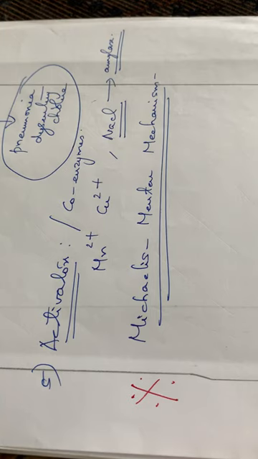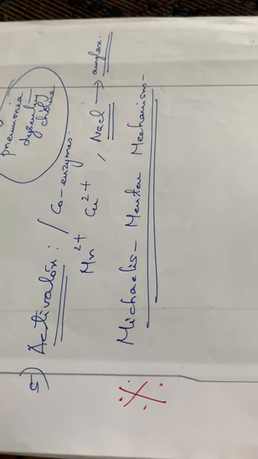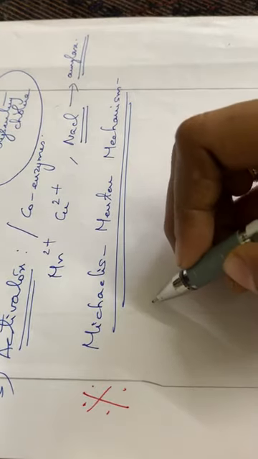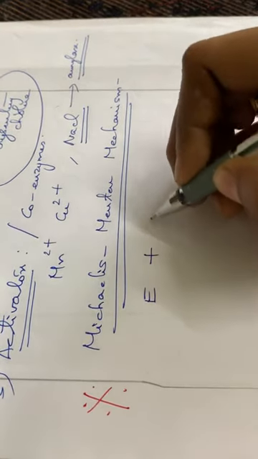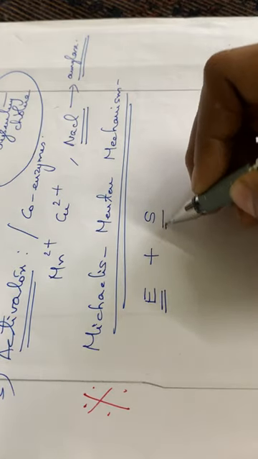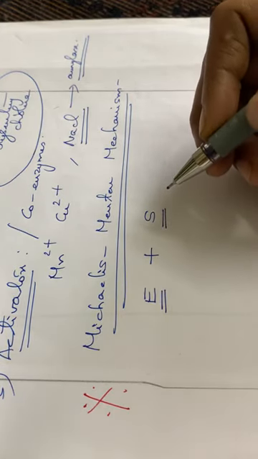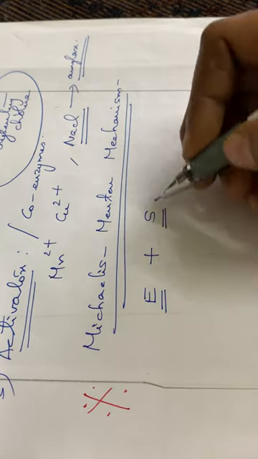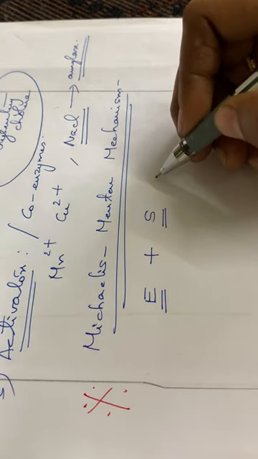Normally in an enzyme reaction, the enzyme reacts with a substrate molecule. We denote the enzyme by the letter E, and the substrate molecule by S. When the enzyme and substrate react, an enzyme substrate complex is formed.